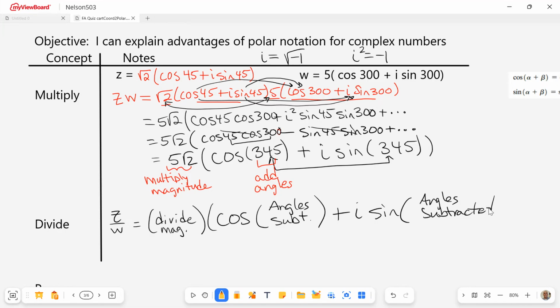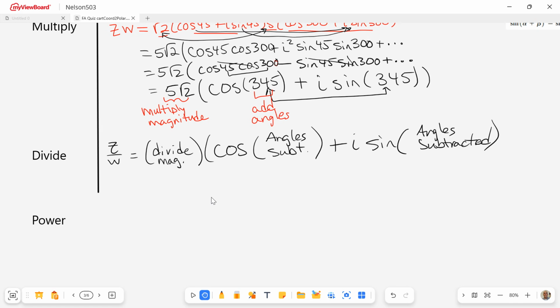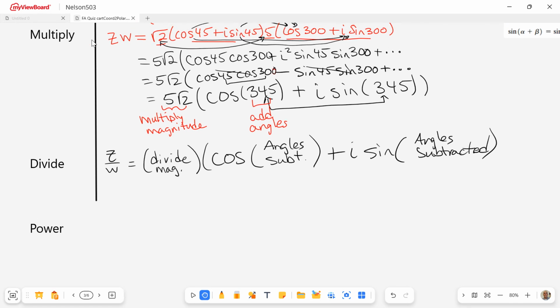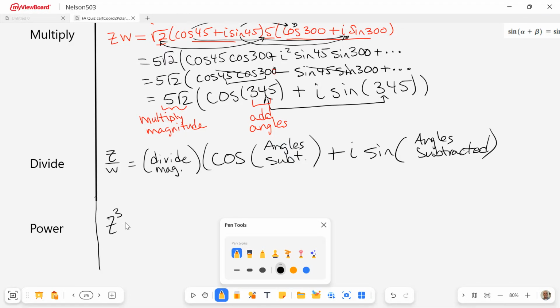All right, so what else is there left? Well, it's actually quite a bit, but it's related to this multiply idea. Let's say you had z cubed. That's the same thing as z times z times z, right?